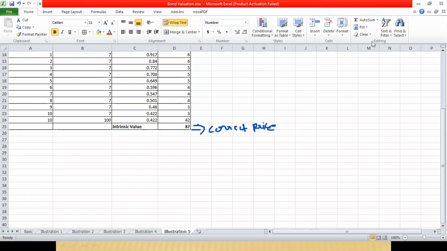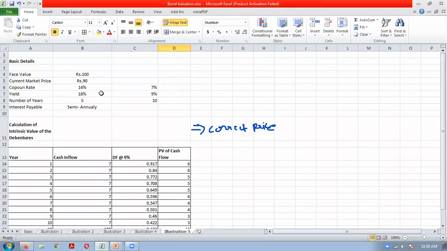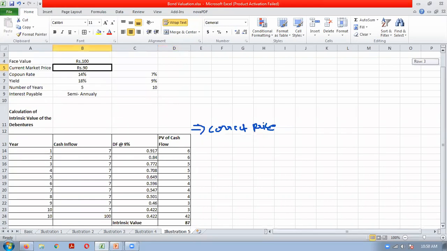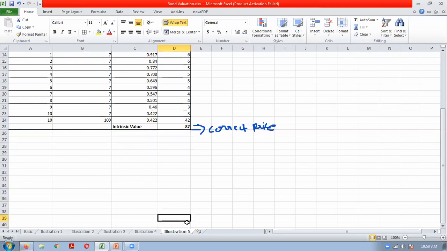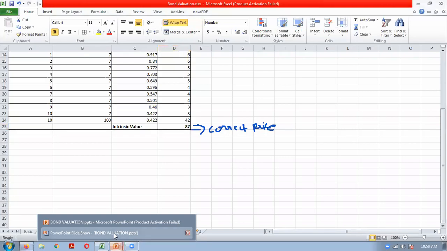But in the market this bond is issued for 90 rupees. So the market price is more than your intrinsic price or correct price, which indicates that as an investor you should not invest in this bond.